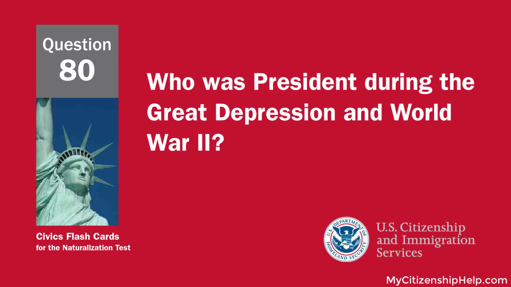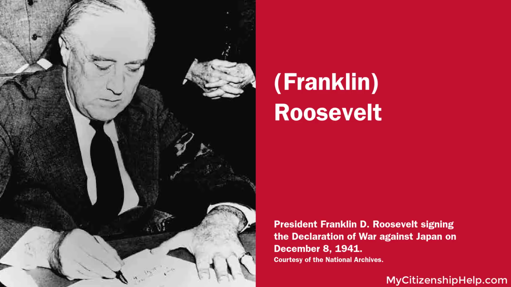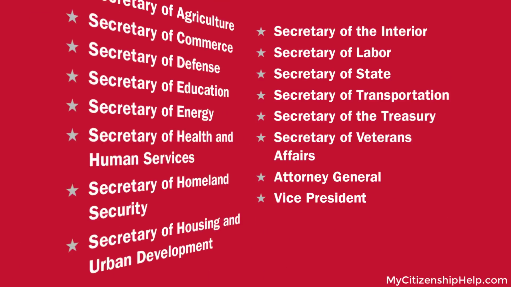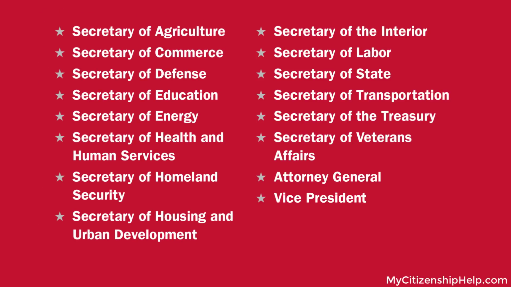Who was president during the Great Depression and World War II? Franklin Roosevelt. What are two cabinet-level positions? Secretary of Agriculture. Secretary of Commerce. Secretary of Defense. Secretary of Education. Secretary of Energy. Secretary of Health and Human Services.